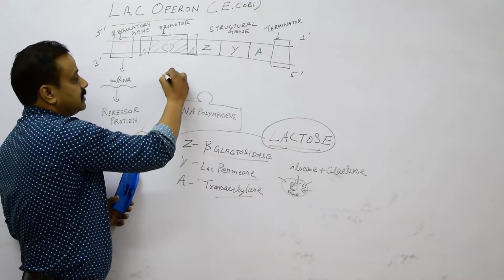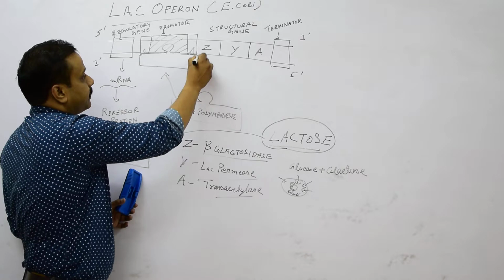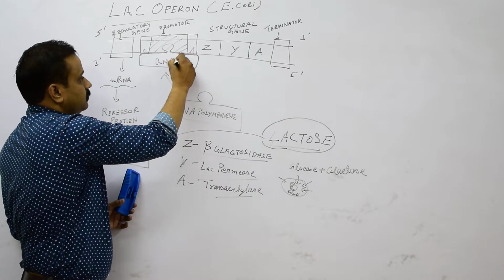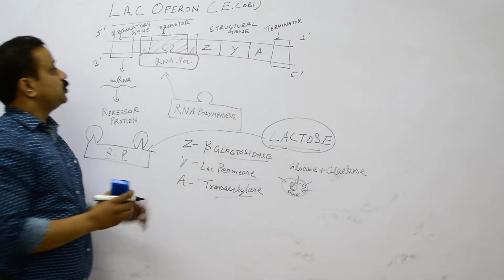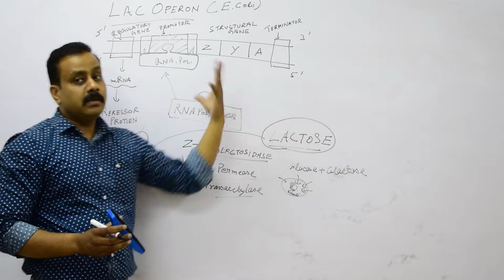At this instance, RNA polymerase will come and bind to the promoter gene, and it will start the transcription process.